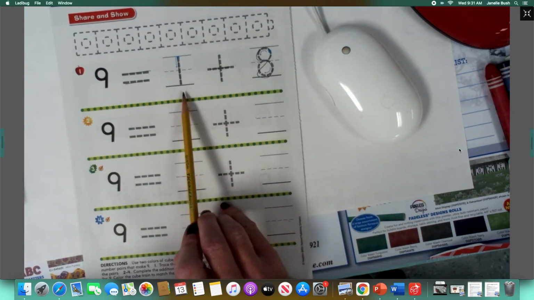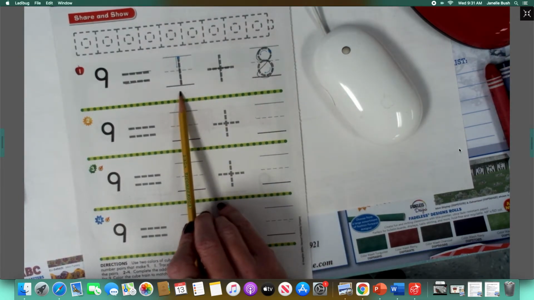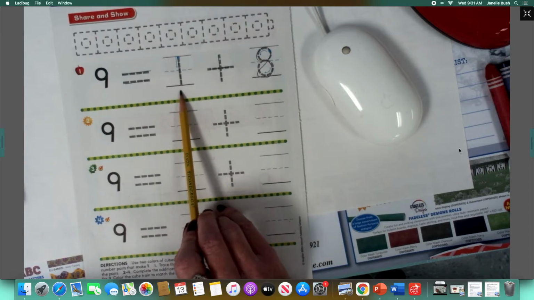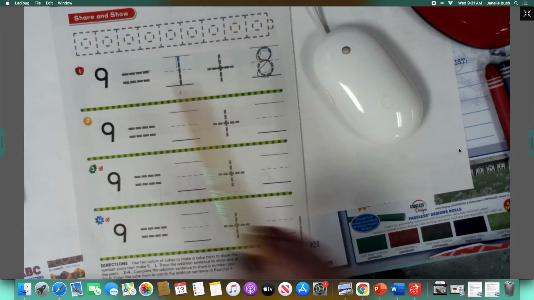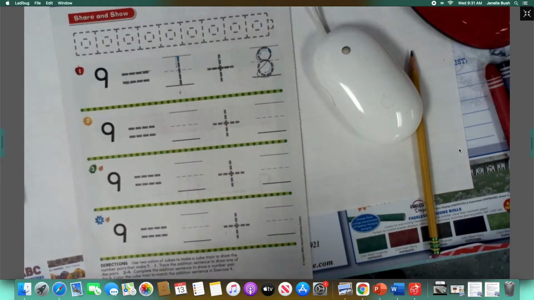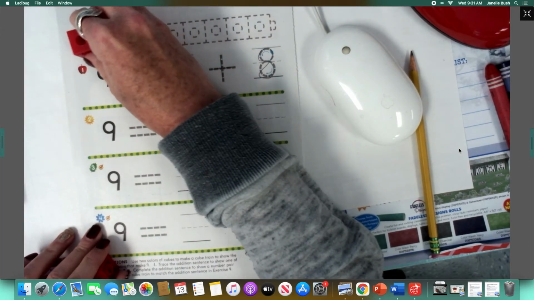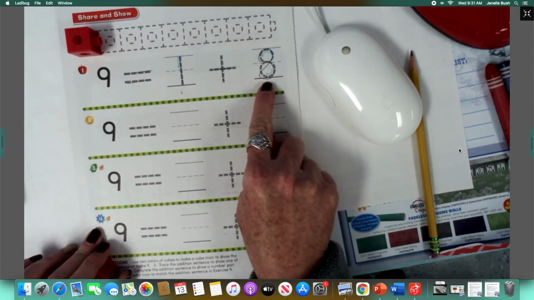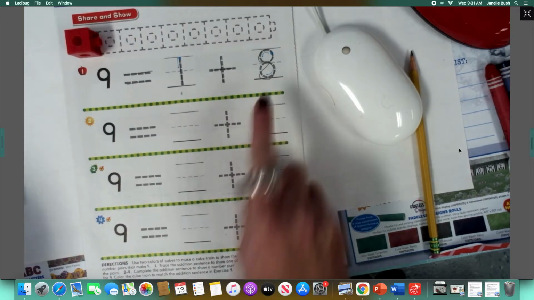So the first number is going to tell us how many red cubes that we're going to have. How many red cubes will we have this time? Yes, 1. So we're going to have 1 red cube. And then this number tells us how many blue. How many blue? Yes, 8.